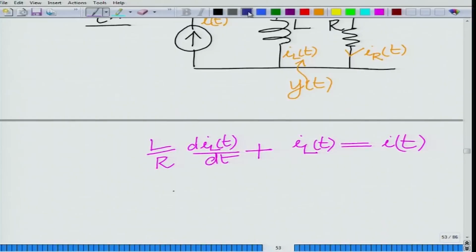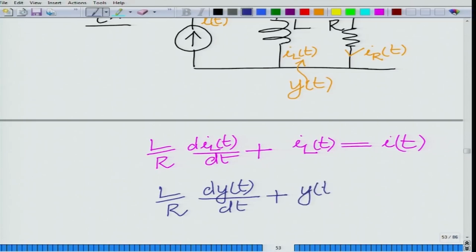Okay. Now since I_L(t) is the output y(t) and I(t) equals x(t), which is the input, I can equivalently write this as L over R dy(t) over dt plus y(t) equals x(t).